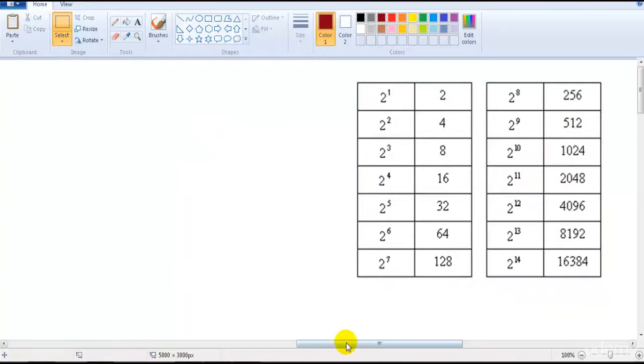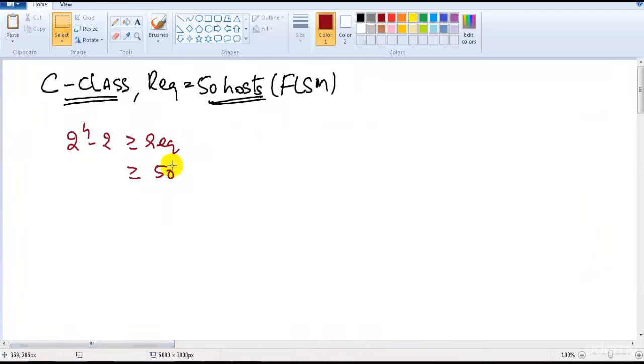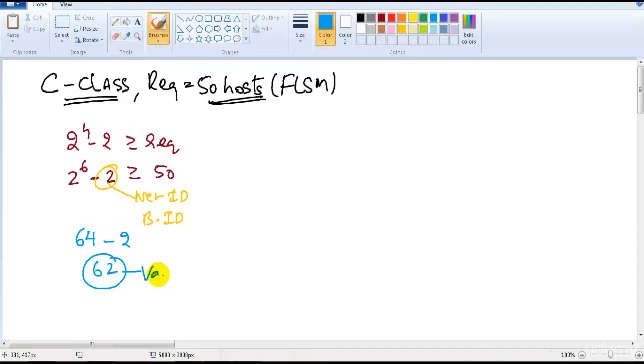So I'm going to take 2 to the power of 6, which satisfies my condition, and we are doing minus 2 here. This minus 2 is for the network ID and the broadcast ID, because we cannot use the first and the last addresses. So 2 to the power of 6 is 64, and minus 2 for the network ID and broadcast ID, so 62 will be your valid host addresses.